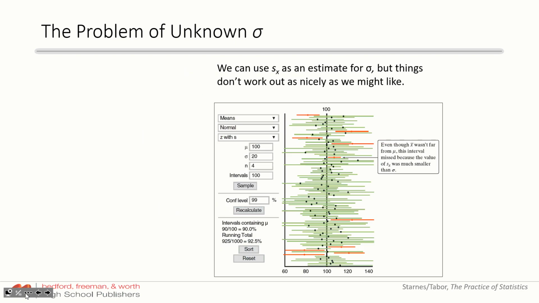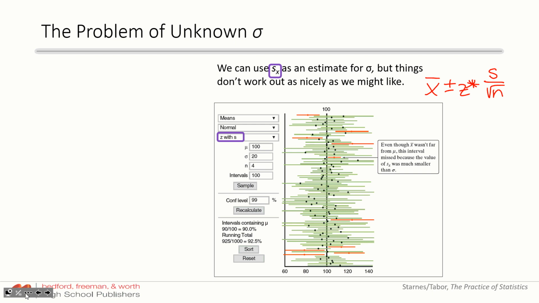Again, we're estimating mu with x bar and sigma with s. Now, what happens is that all of my confidence intervals are going to be different lengths. Because remember, my formula was x bar plus or minus z star times s over root n.